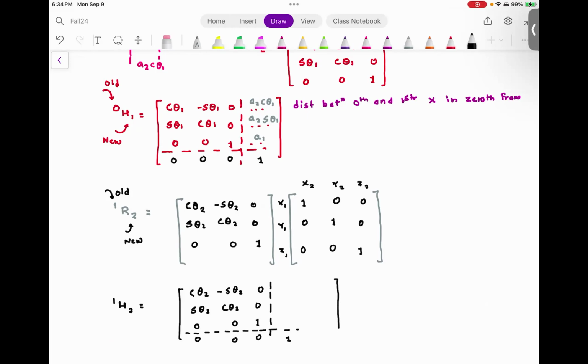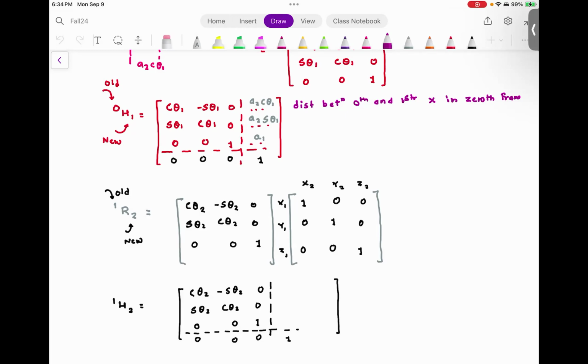And now, same thing. I'm going to write this again. We are relating frame 1 and 2. Frame 1 is our base frame. Frame 2 is our second frame. So now I need here the distances between frame 2 and frame 1. Here there should be the x distance, here the y distance, and here the z distance. Everyone understood? Yes.